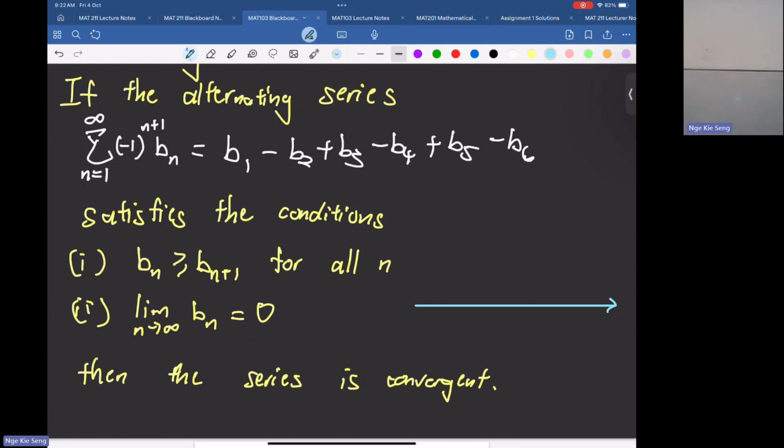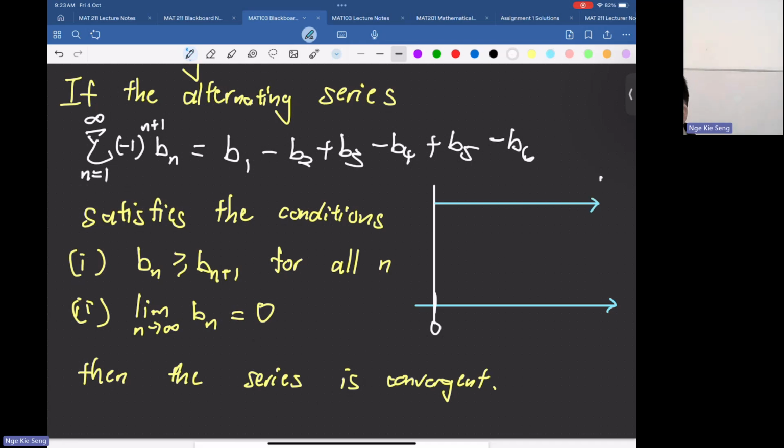So what happened to this Sn? Can you imagine? Let's start with 0. We assume that the Bi are positive. If you look at S1, what is S1 here? S1 is simply B1.